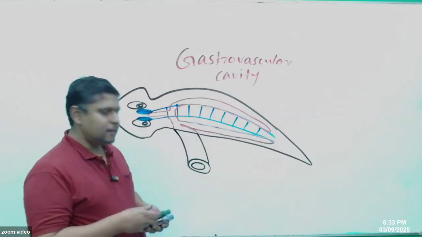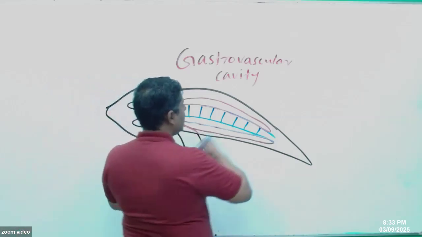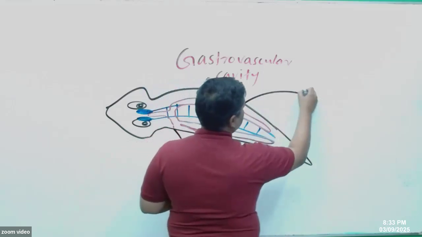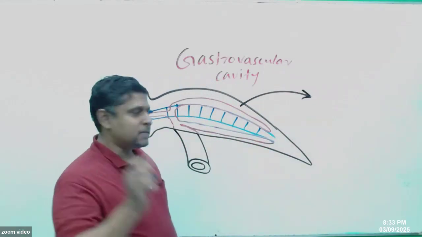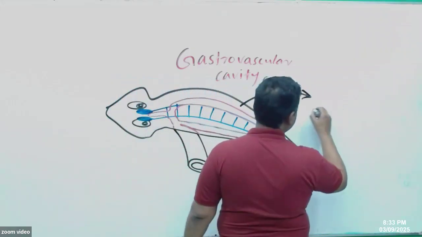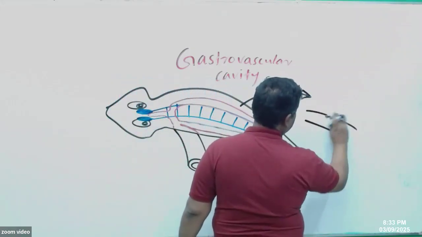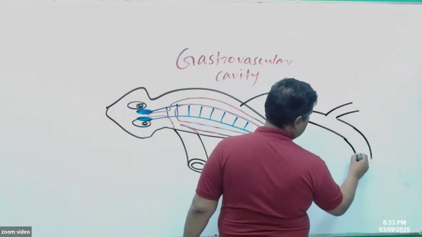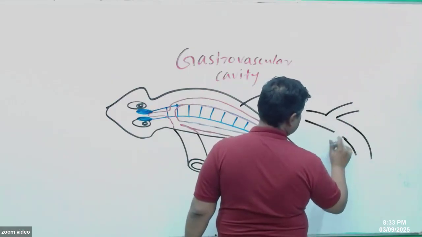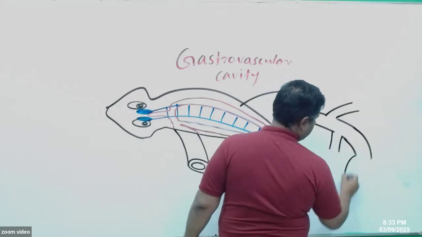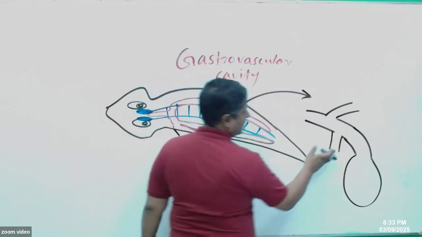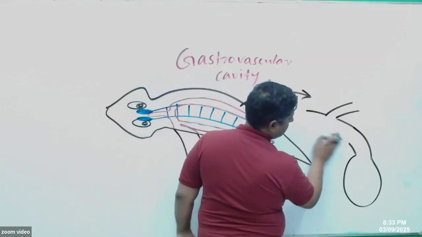Now, people, we learn that a special cell type is available for excretion. They attach to a system of tubes like this. And finally, we can see some bulb-like cells present.